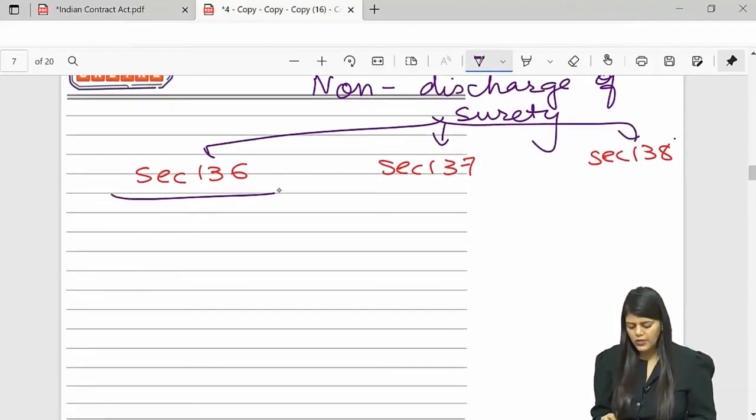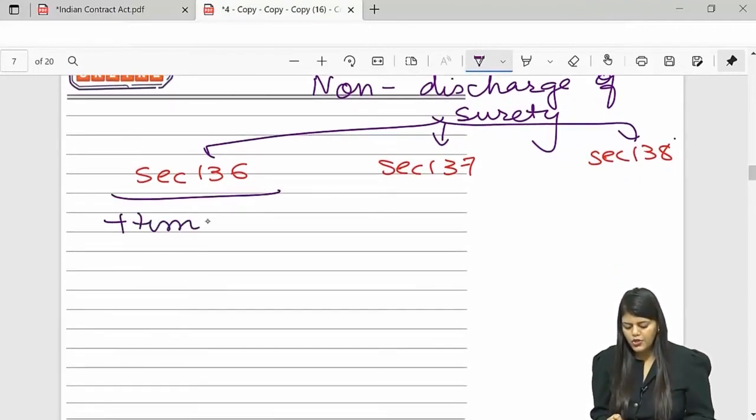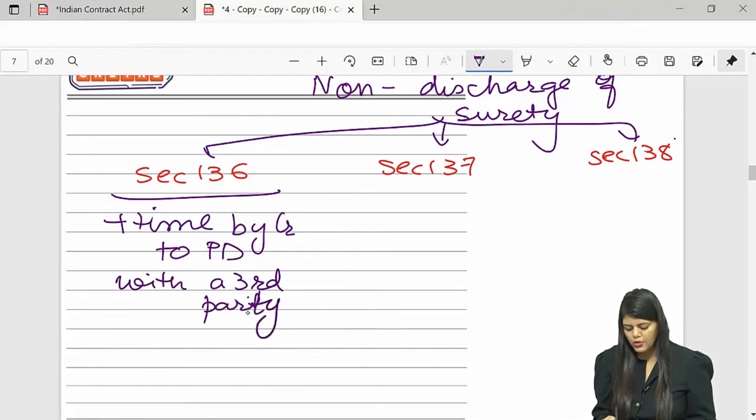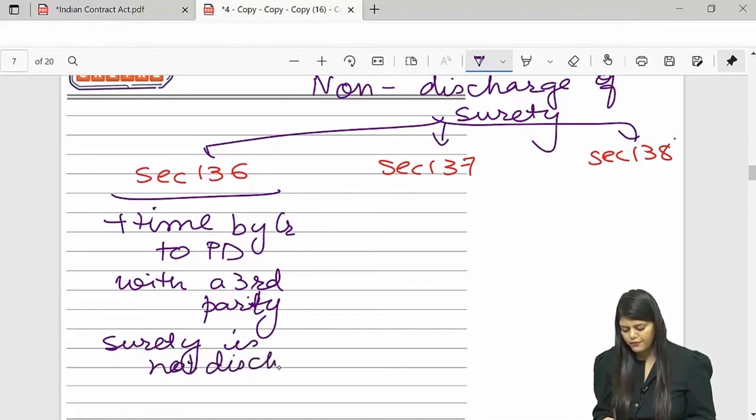Section 136 says, if any extra time is given by the creditor to the principal debtor because of a contract with a third party, the surety is not discharged. Surety is not discharged.